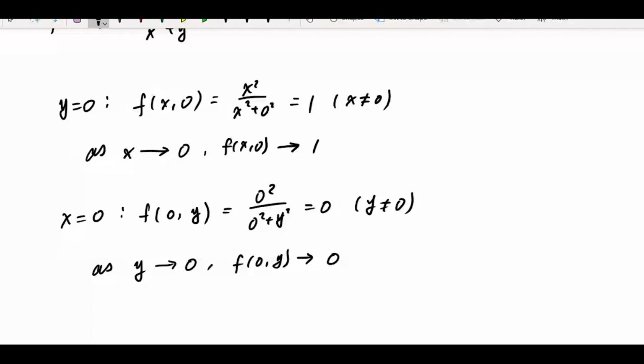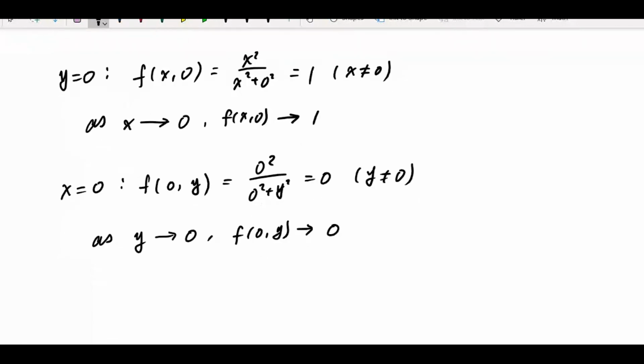So in this case, we have a contradictory result already, so we can say, therefore, the limit does not exist. You get it? Showing some limit doesn't exist is easy.